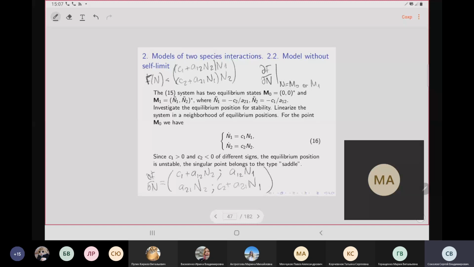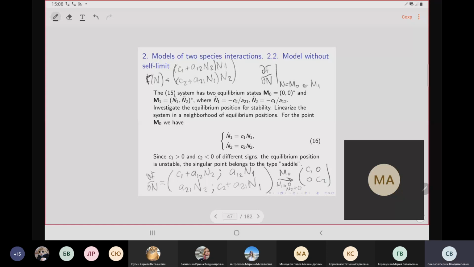And when we apply the point M0, so n1 is 0 and n2 is 0, finally, the matrix is (C1, 0; 0, C2). It is our Jacobian matrix.